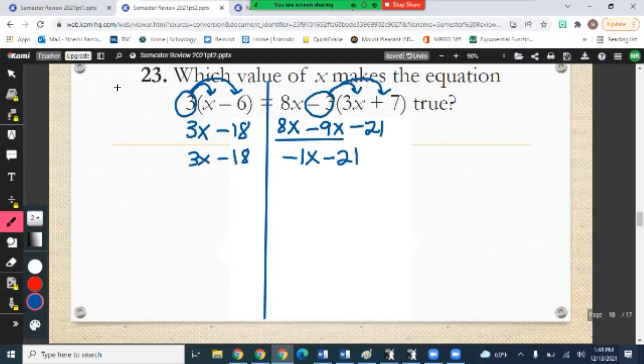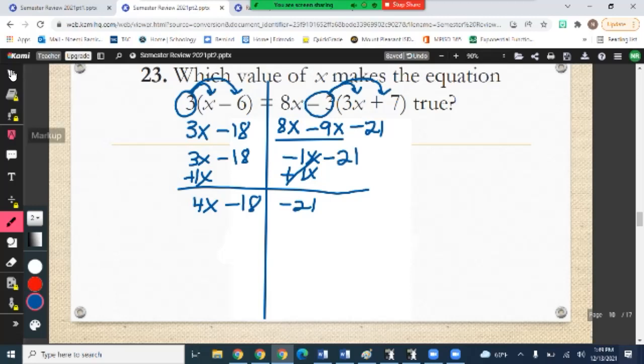After that, we're down to 2 terms on each side, so I'm safe to go ahead and move stuff from one side to the other. So I'm going to add the 1x. 3x plus 1x is 4x. And then bring down the -21. Now, after that, you want to move the numbers away from x because you want the x to end up by itself.